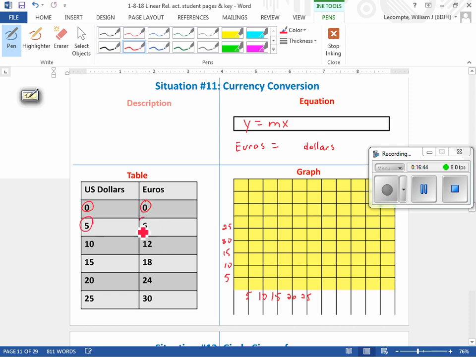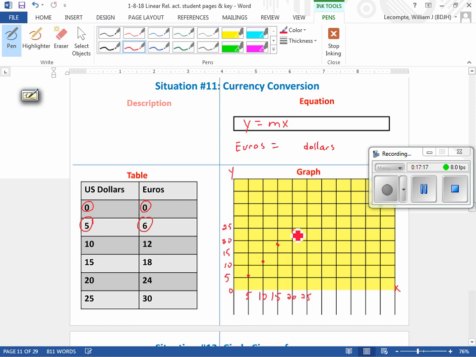So we're just going to go a little bit above the 5 on the 5x and the 6y. All right, and then from there we're going to go 10 to 12. So we're just going to go a little bit above the 10. And then at 15 we're going to 18. So we're going to go a little bit below the 20. And then at 20 we're going to 24, which is barely below. And so that gives us something that goes through the origin.